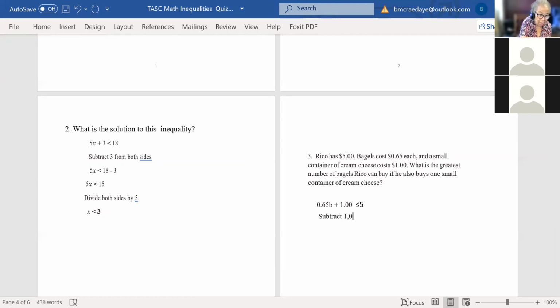So you subtract 1 from both sides. Subtract 1, so this will be minus 1.